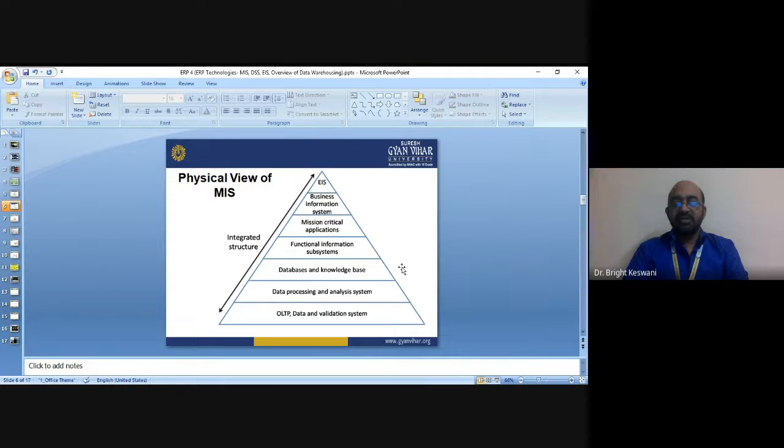MIS uses an integrated database and supports a variety of functional areas. MIS provides operational, tactical, and strategic levels of the organization with timely, but for the most part, structured information. MIS is flexible and can be adapted to the changing needs of the organization.